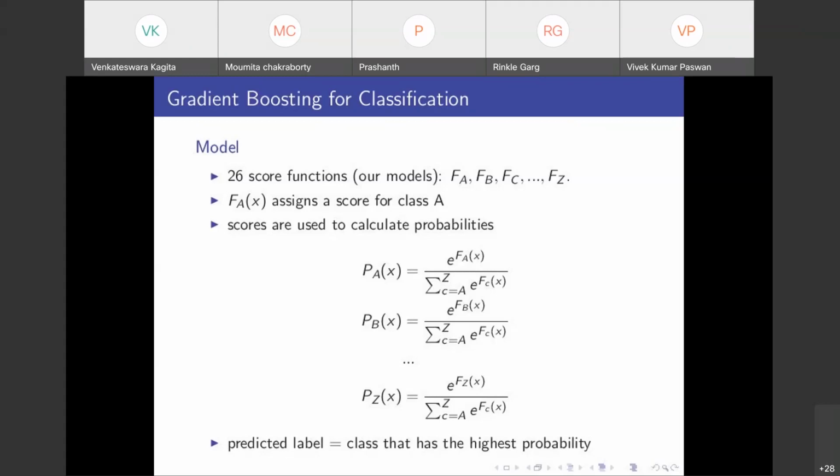So similarly, here also we have 26 score functions. Each of them will give the likelihood of that particular class. Each of them assigns a score for the corresponding class.